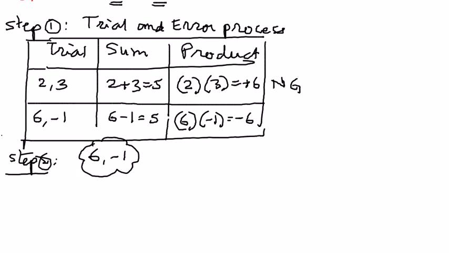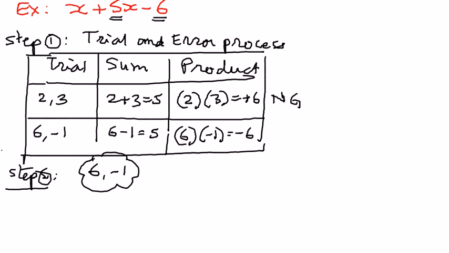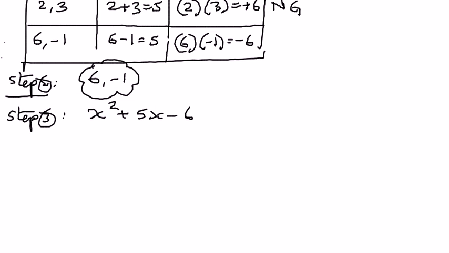And then we said we're going to take this information in step number 3. We're going to expand the middle term based on the two numbers we have just selected. The given expression for us is x squared plus 5x minus 6. We want to expand the middle term based on the two numbers which we just got, and those two numbers are as follows.